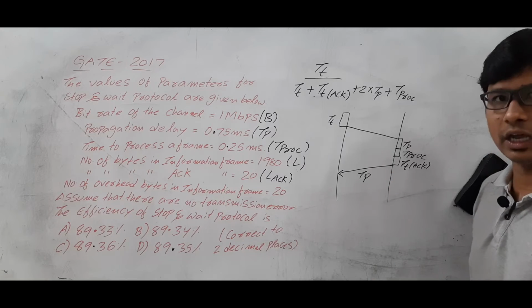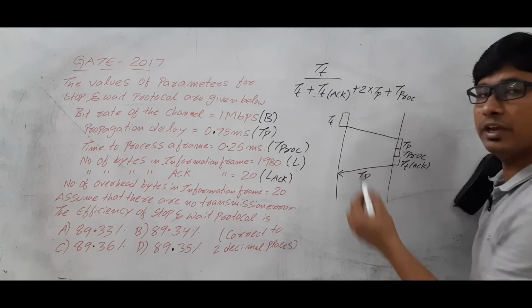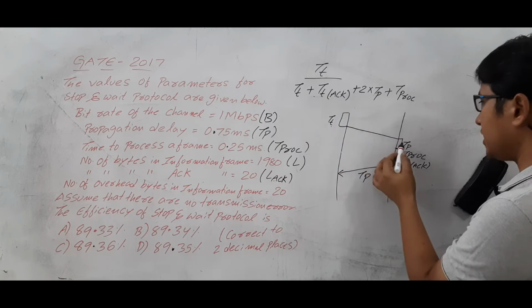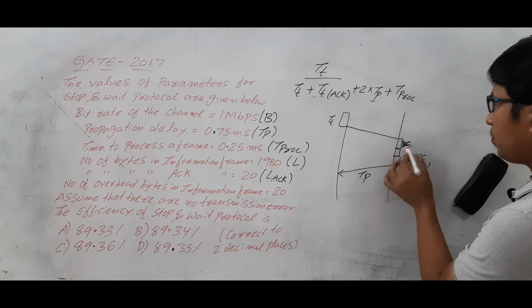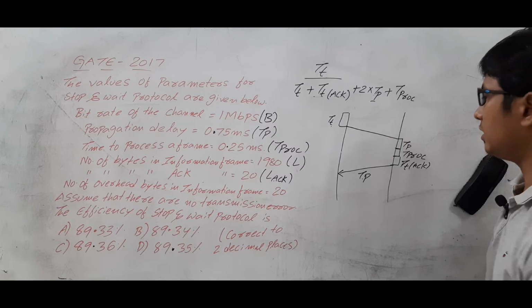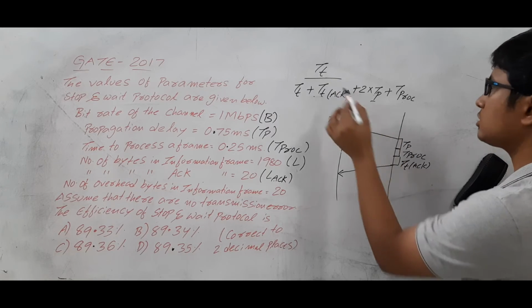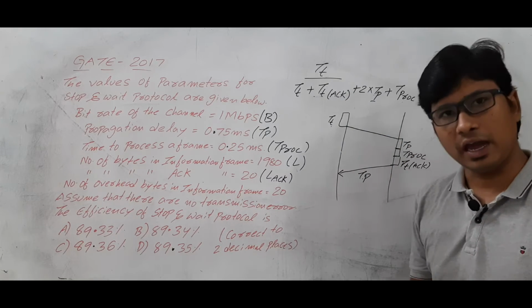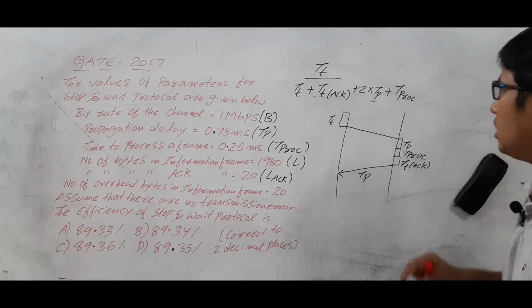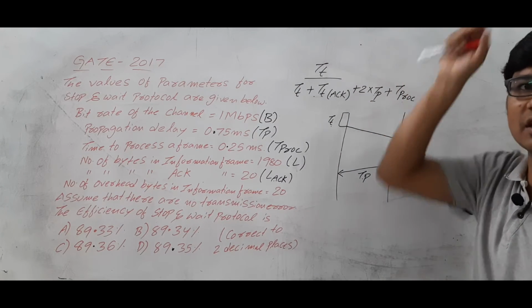So the total time is transferring a data frame plus propagation delay. You have two propagation delays, so that is why I have written 2 into propagation delay, and you have a processing delay for the acknowledgement and transfer delay for the acknowledgement. So this is the total time you take to transfer a single data frame.